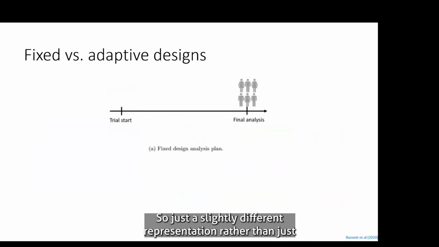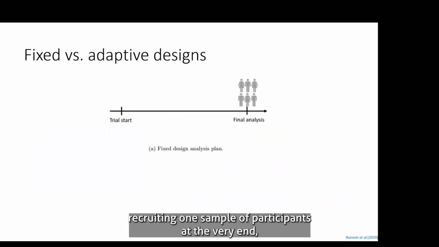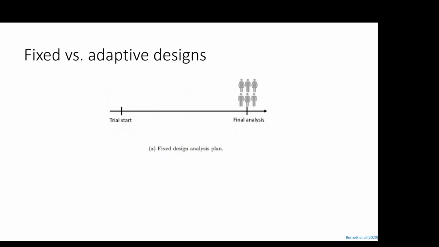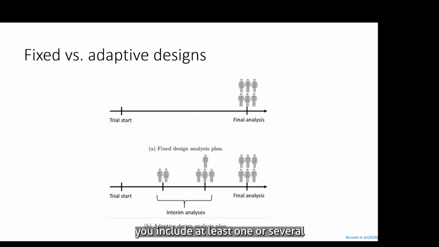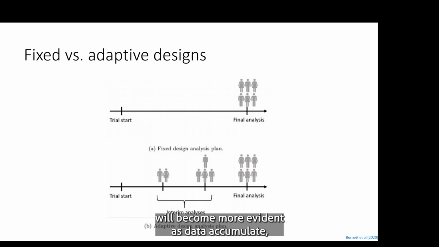So, a slightly different representation: rather than just recruiting one sample of participants at the very end, you include at least one or several interim analyses midway through the trial so that you can respond to various signals or other things that will become more evident as data accumulate. We'll look at what this actually means in a minute.